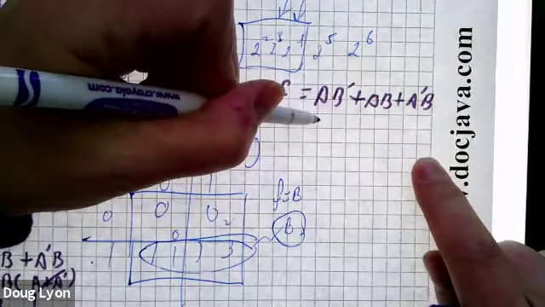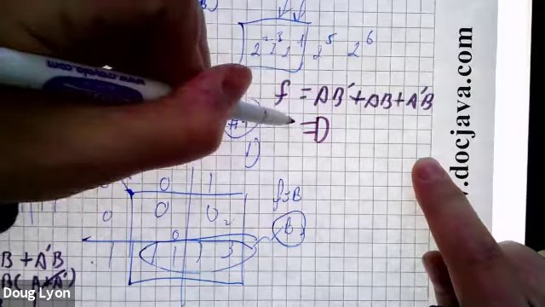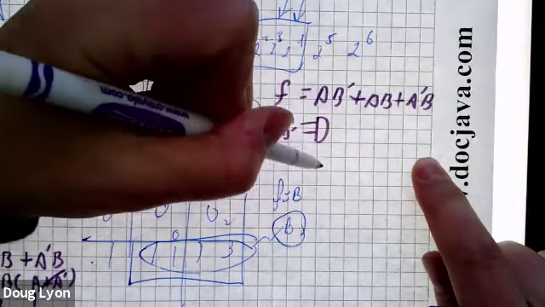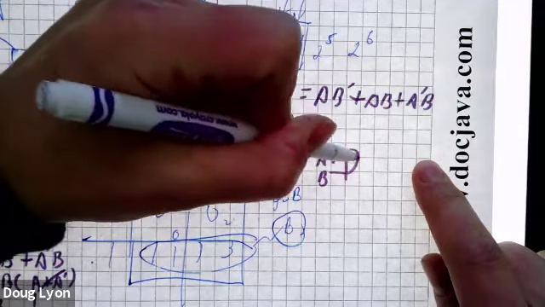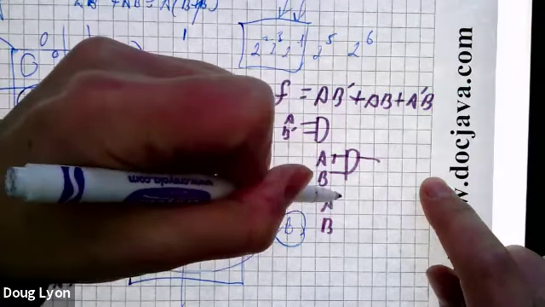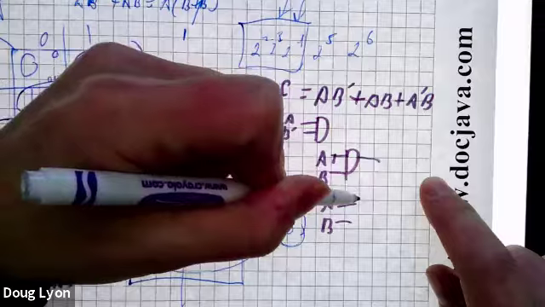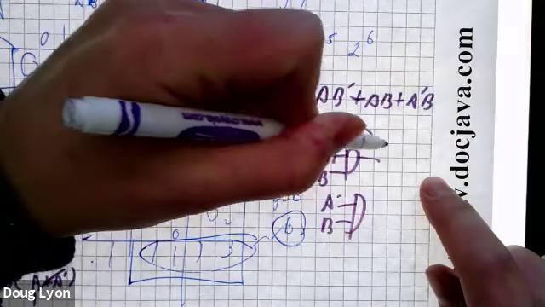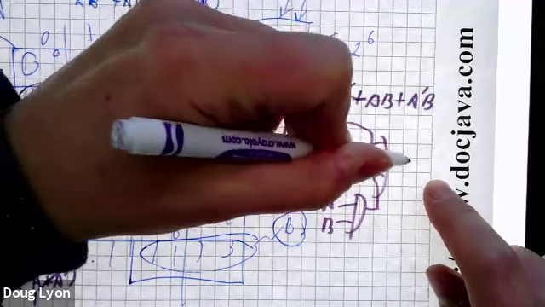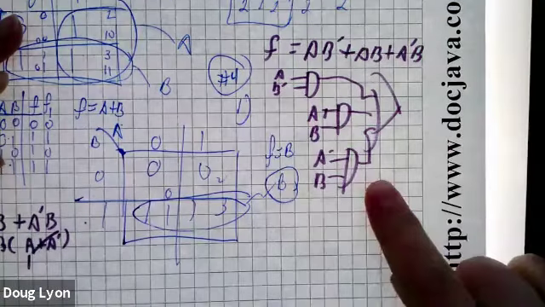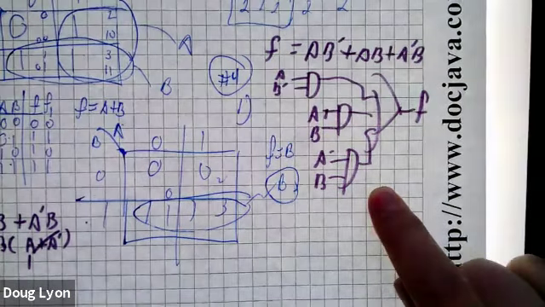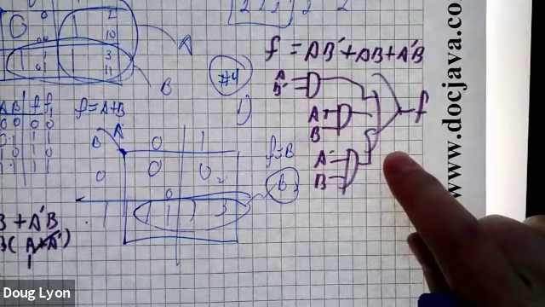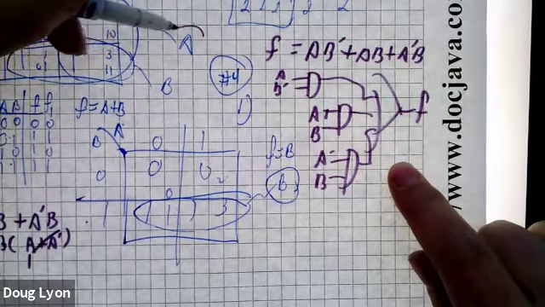I can write this out. So this is not a minimal form. It is a correct expression for F, and there's nothing wrong with it. It's just not minimal.